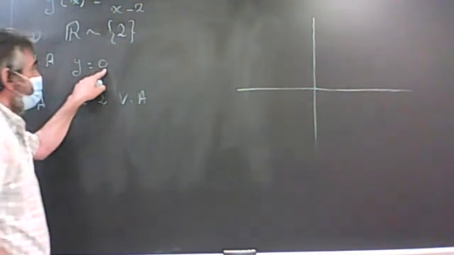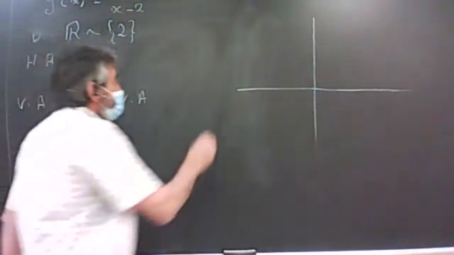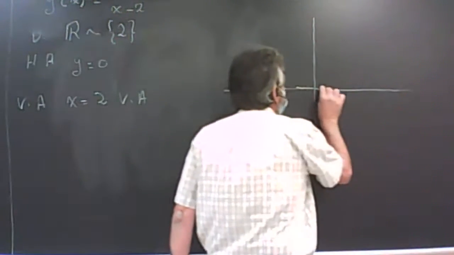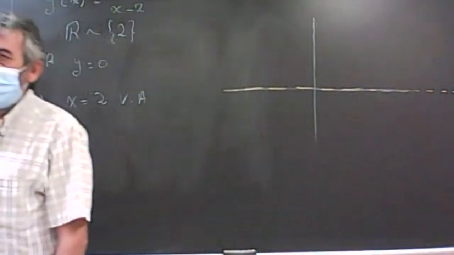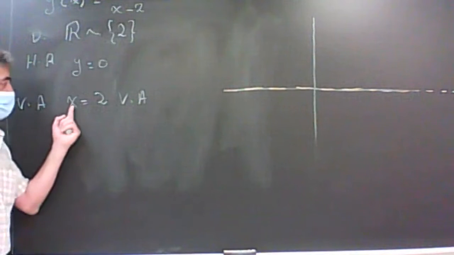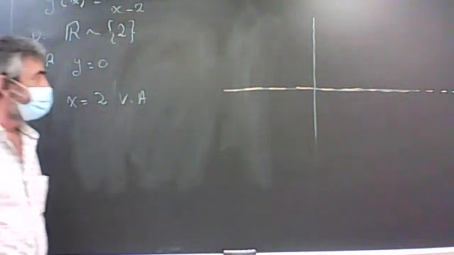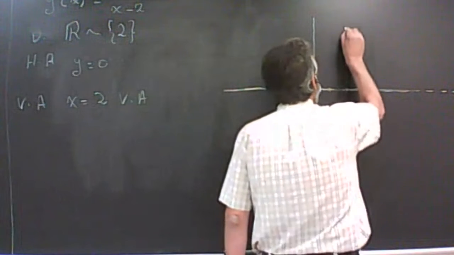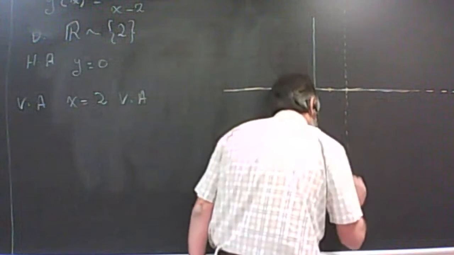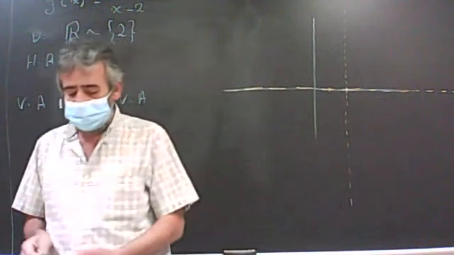Okay, so we have y equals 0 is an asymptote, right? That's one asymptote. What's the other asymptote? X equals 2. So I'm going to go 1, 2, and make a line. Okay?